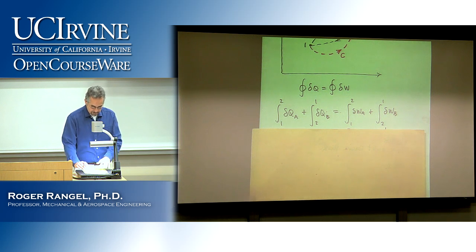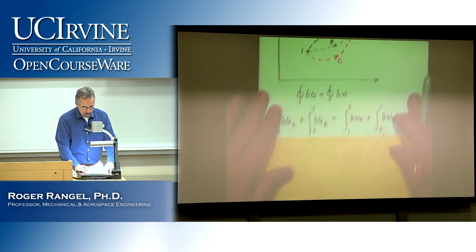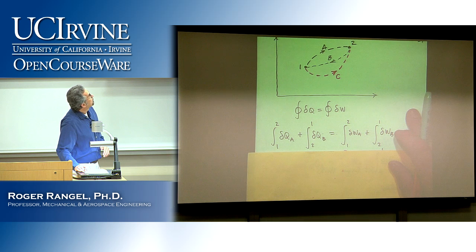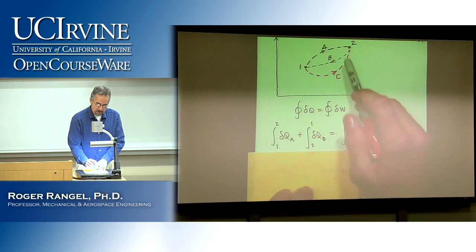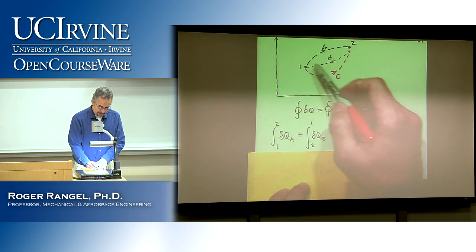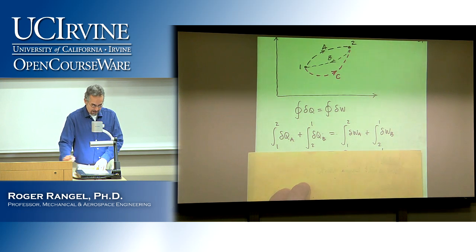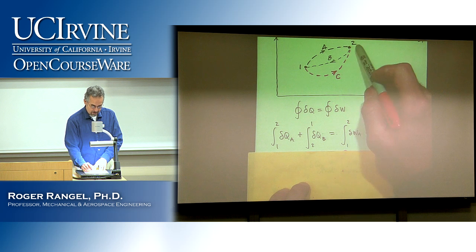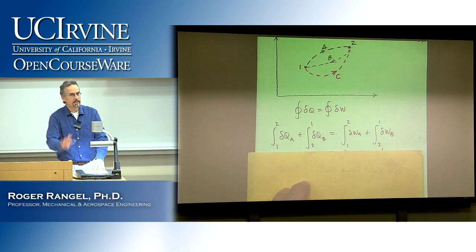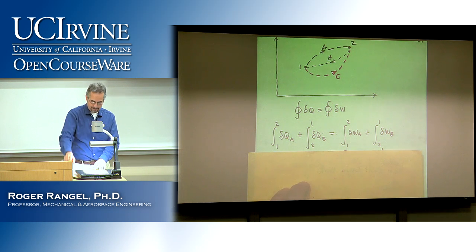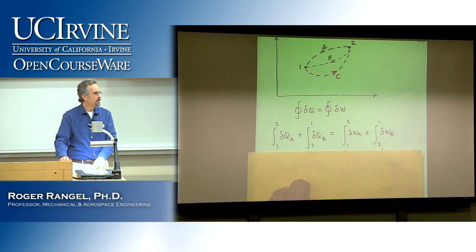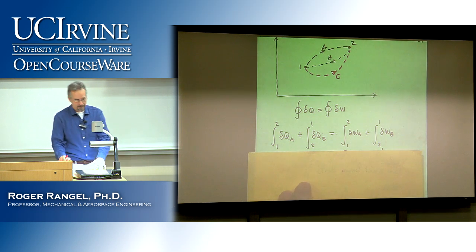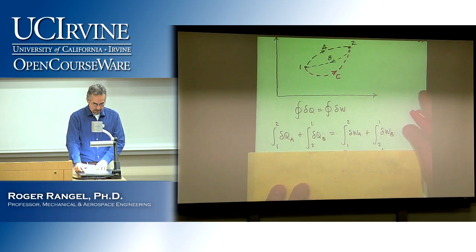Suppose I redo this, but instead of going there on the A path, I'm going to go there on the C path. So I'm changing the going path from A to C, and I'm still going to come back on B.